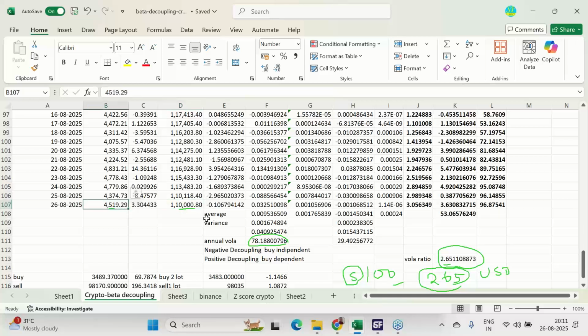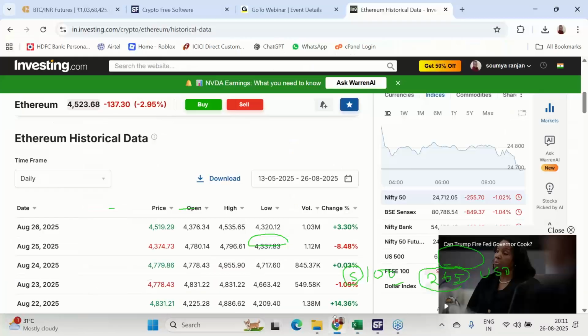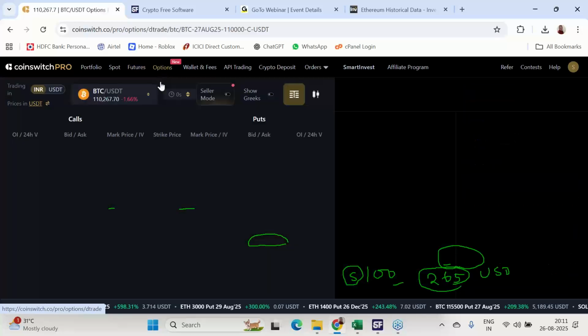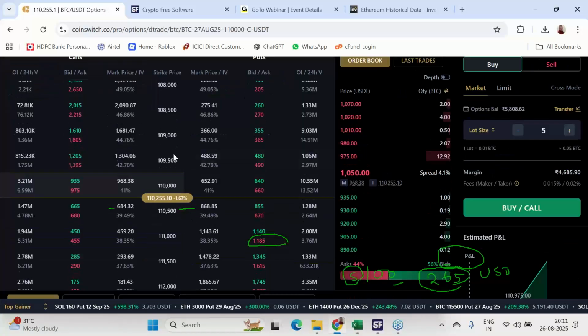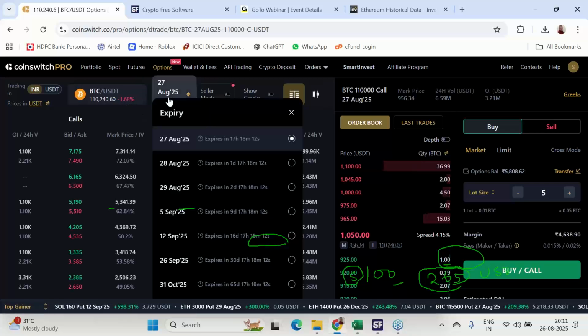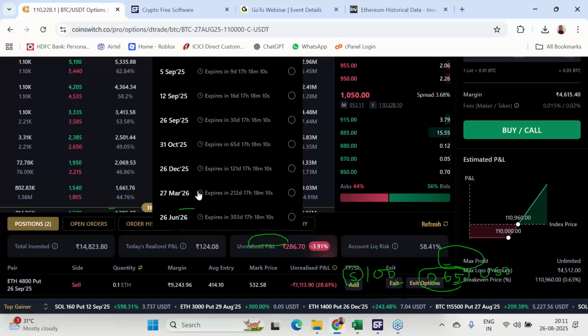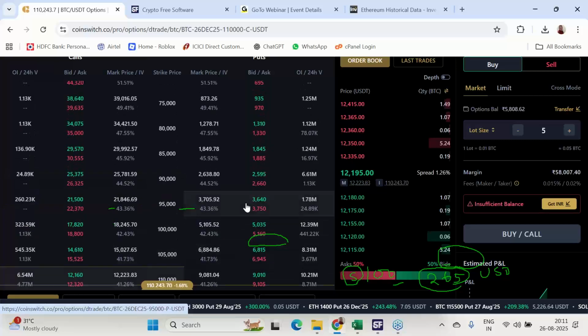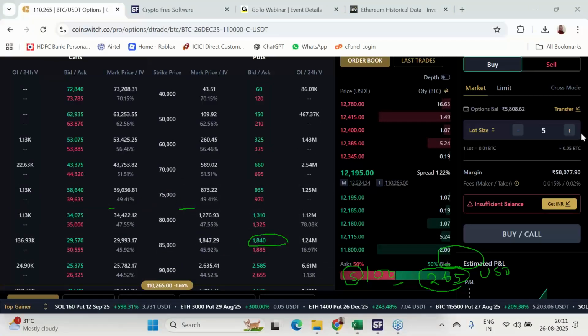If it is 4,500, you go with the 5,000 or 5,500 call option of December. That is also available here in the platform, so that you need not re-hedge always. So you will have the time to wait for this trade to mature. Here you have December options, no restrictions.